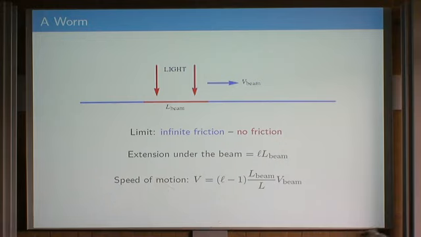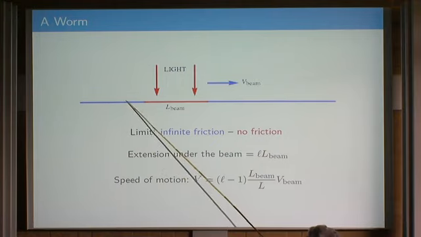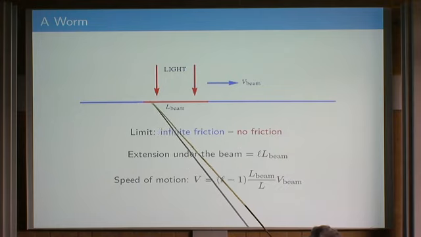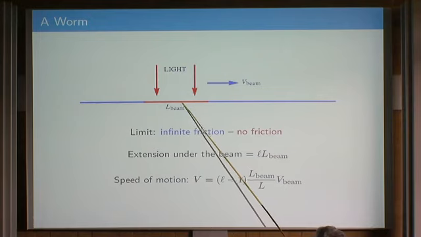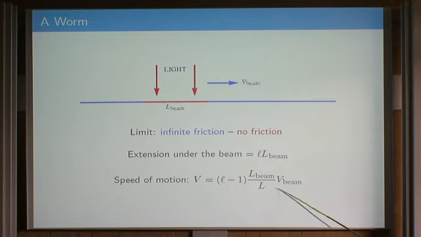We can obtain very easily how it should move, because it extends under the beam. When the beam comes from here, it extends, and then as the beam moves, the extension propagates, and as a result there will be such a speed of motion, depending on the velocity of the beam and on the length of the beam.